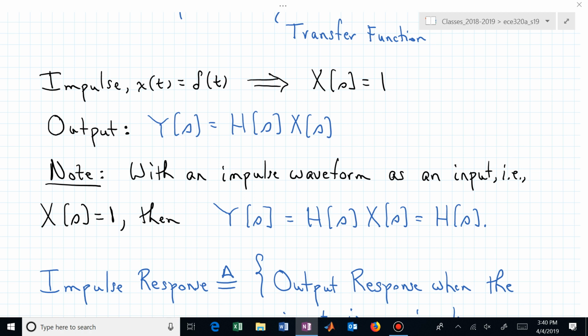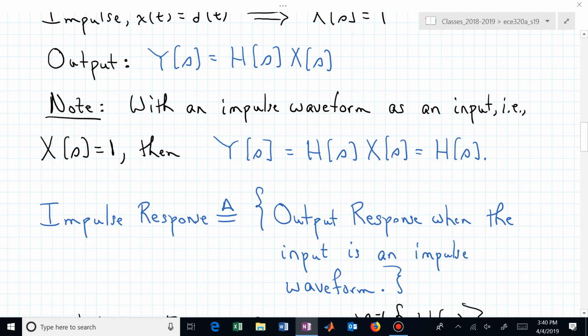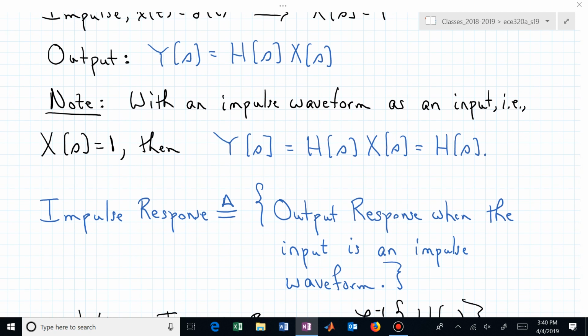And we call that the impulse response. It's the response at the output of your system when you apply as an input an impulse waveform. So you kick the system with an impulse, and it responds, that's the impulse response. That's the little h of t in the time domain.